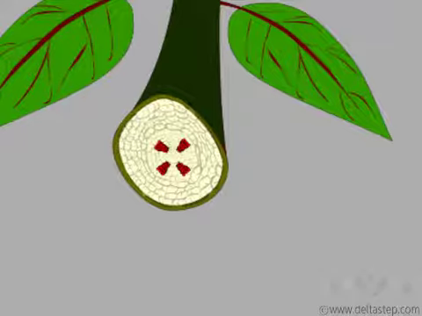You will see only these tissues have taken up the color of the coloring water. But these tissues have not taken up the color, thus proving that only these tissues, which are the xylem tissues, facilitate the uptake of water from the roots to the leaves.